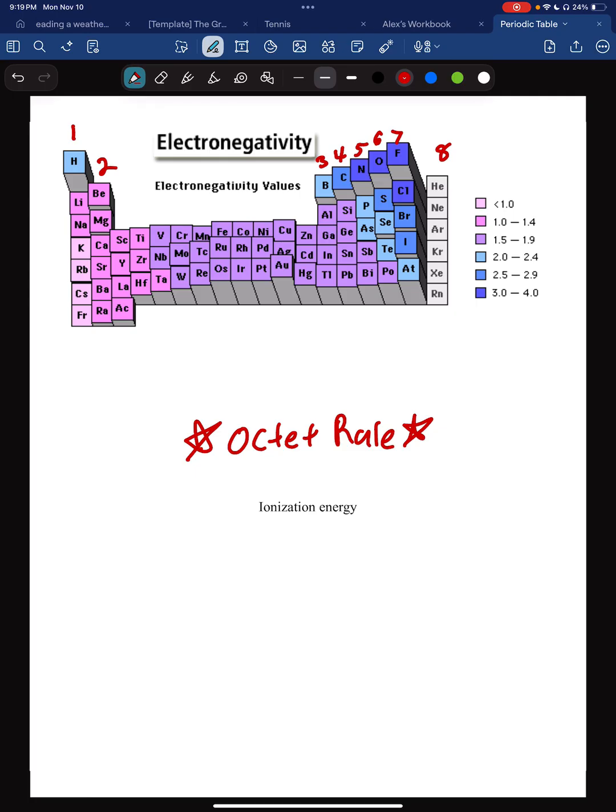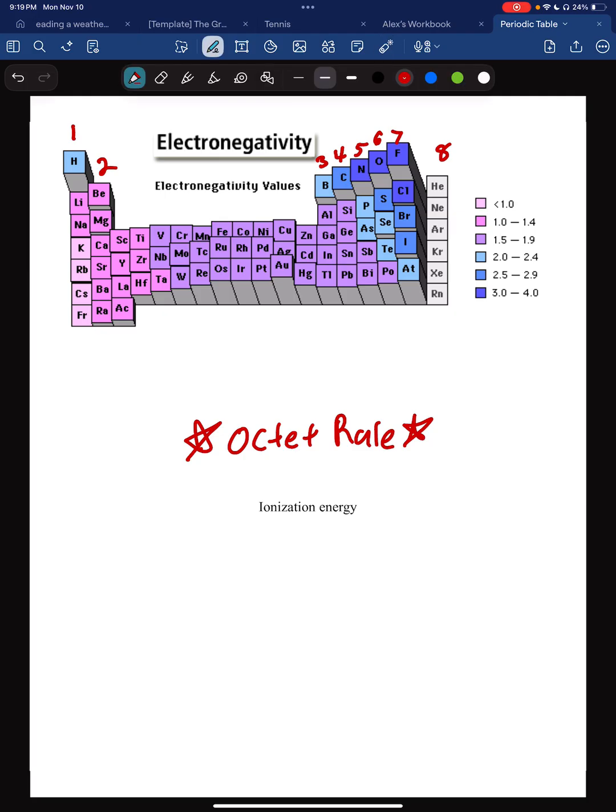If we are looking at group number 7 here, these guys are all off the chart. Look at it here, they're very, very, very high. That means they have very high electronegativity.